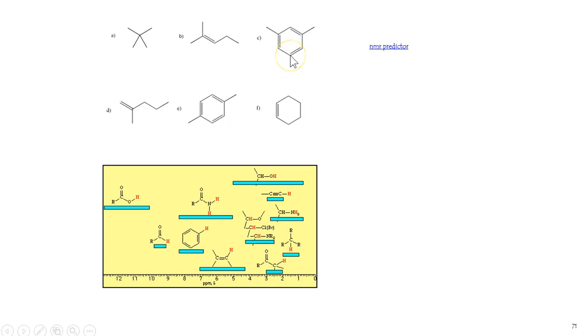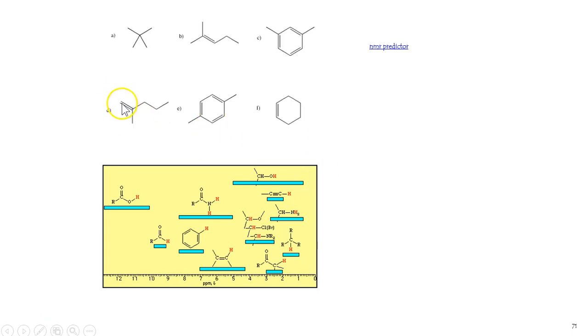This peak here would give you a 1H triplet since it has 2 neighboring hydrogens. This one here would be a 1H singlet since it has no neighboring hydrogens. This 3H singlet would be completely overlapped with that one, so it would look right on top of it. This one overlaps with that one. That one does not overlap with that one because they're in a slightly different environment.